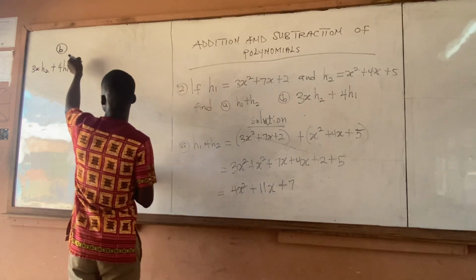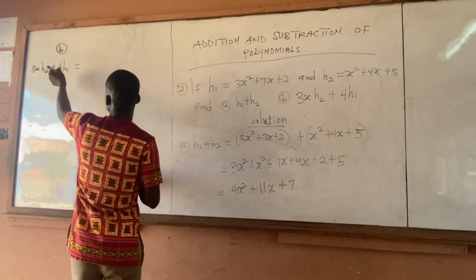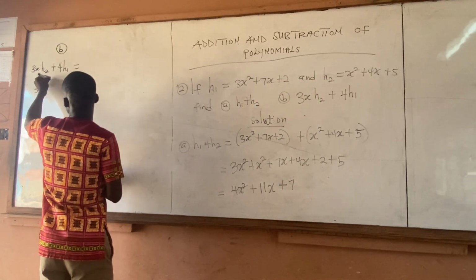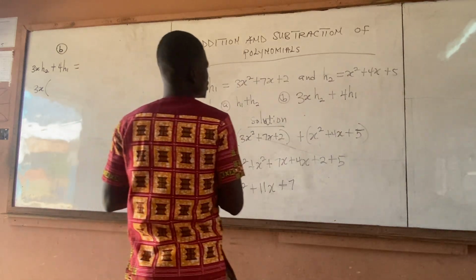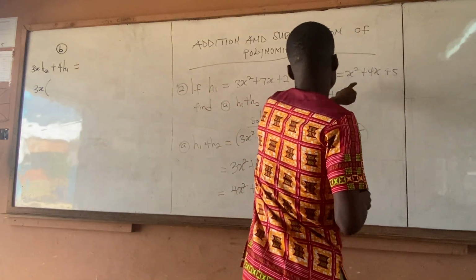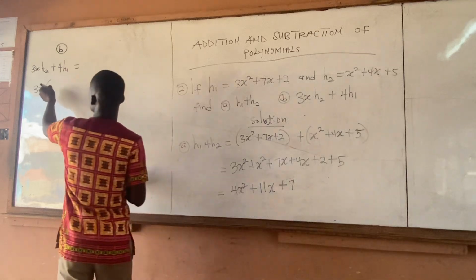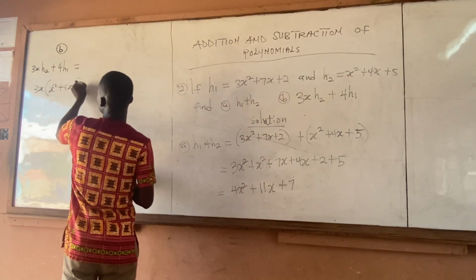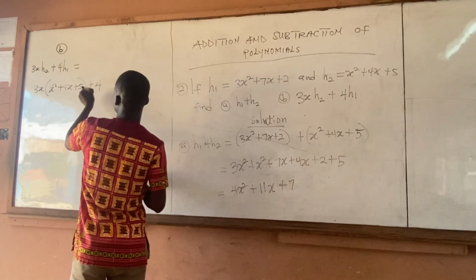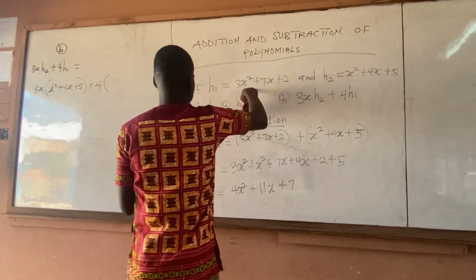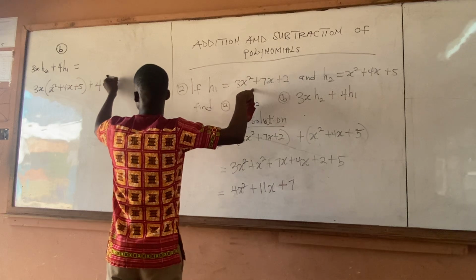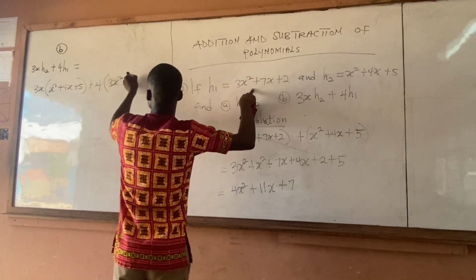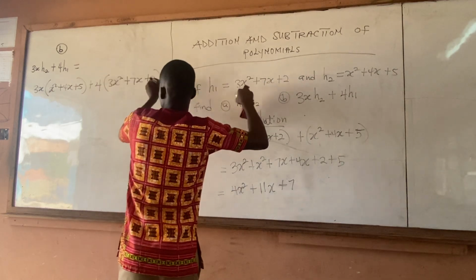We have our 3x times the function h2. Here is the function h2, s squared plus 4s plus 5, plus 4 times h1. And the h1 is this function, 3s squared plus 7x plus 2.